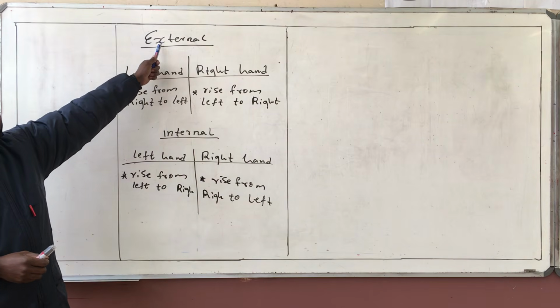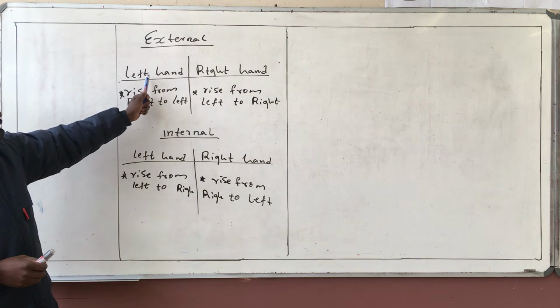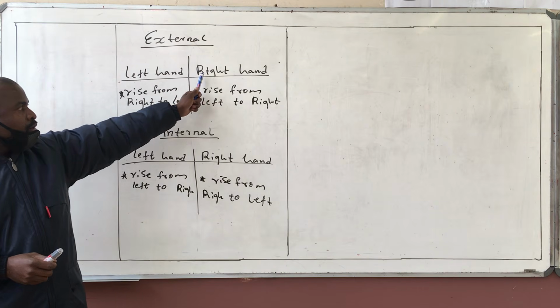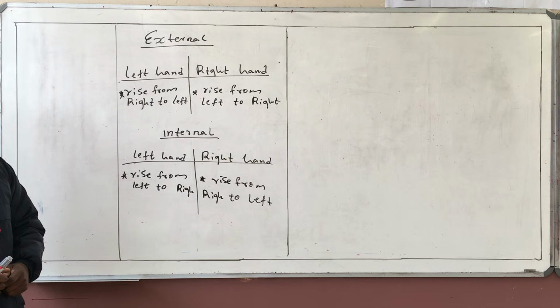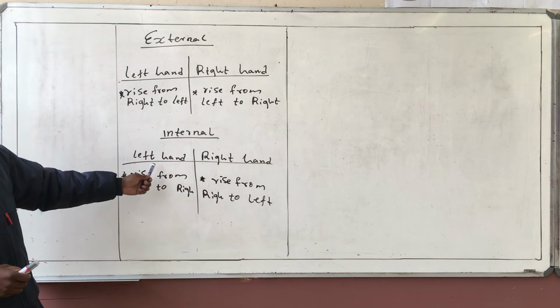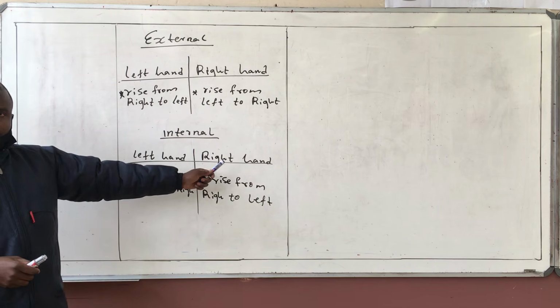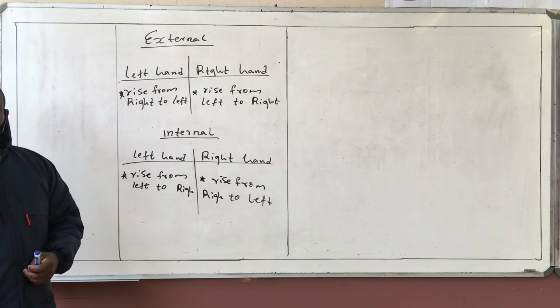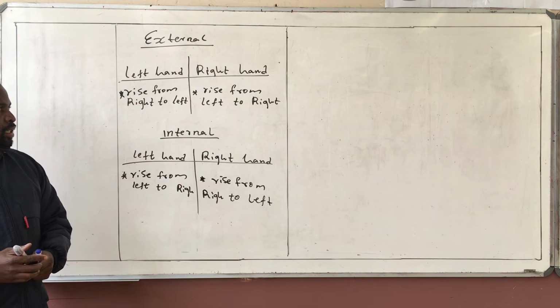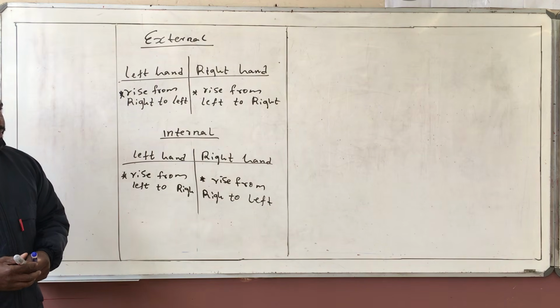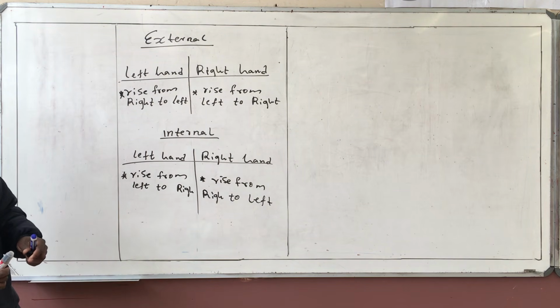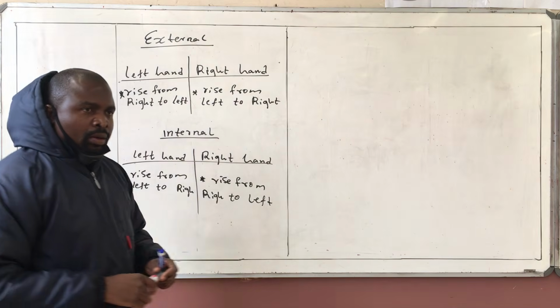If you are drawing external, is it a left hand or a right hand? If you are drawing internal, is it a left hand or a right hand? So that you are able to understand how it rises. We are together on that one.